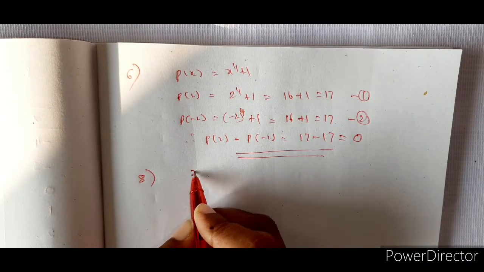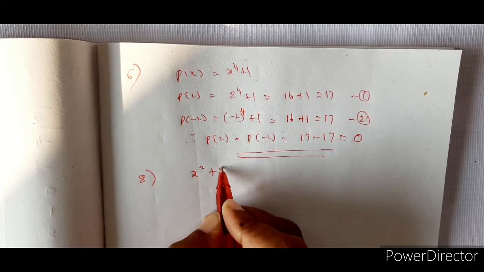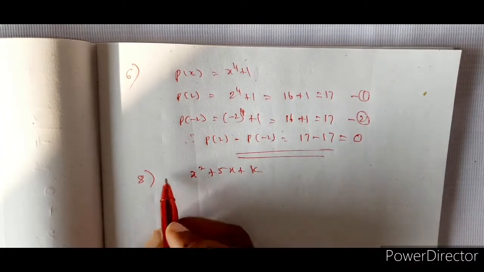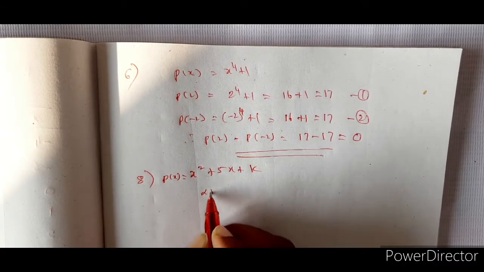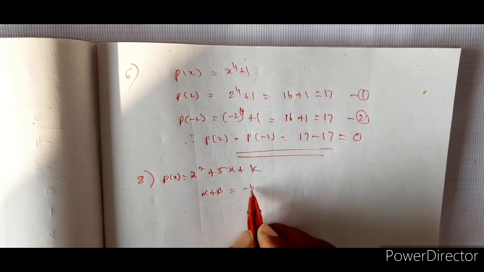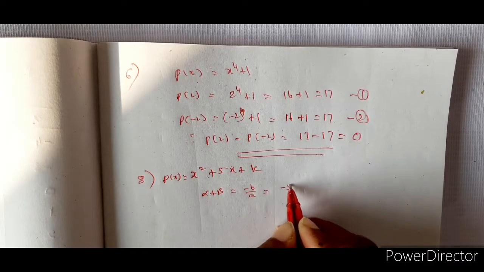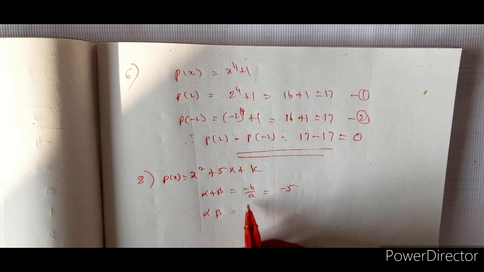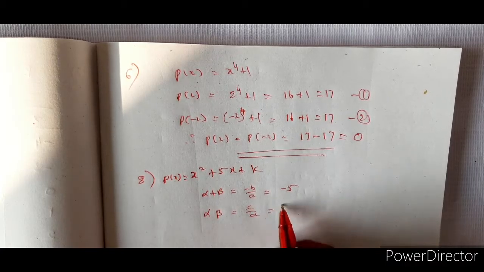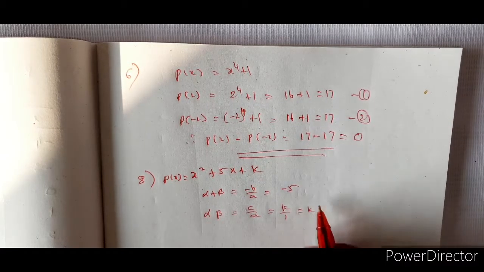So the given polynomial is x square plus 5x plus k. Now alpha plus beta is equal to minus b by a, which is equal to minus 5. Alpha into beta is equal to c by a, which is equal to k by 1, which is equal to k.